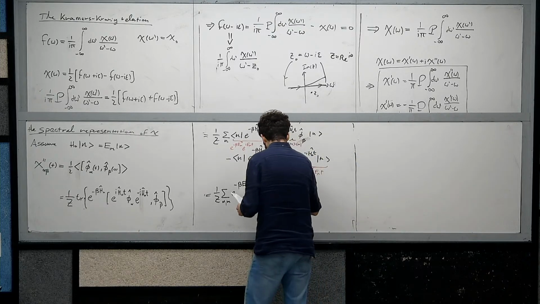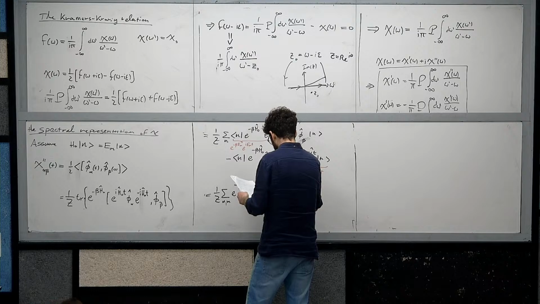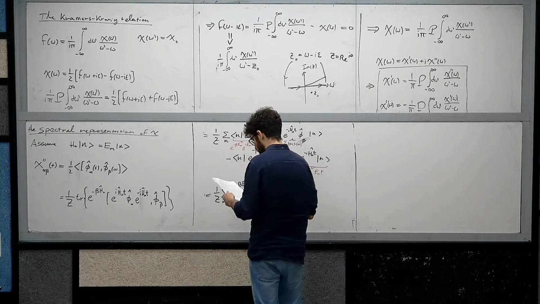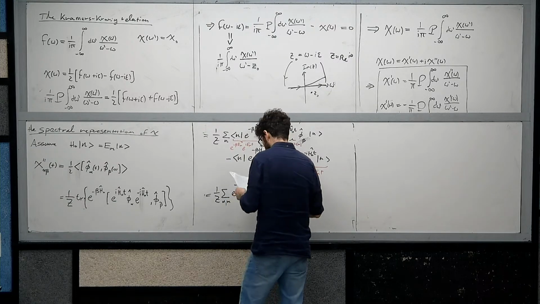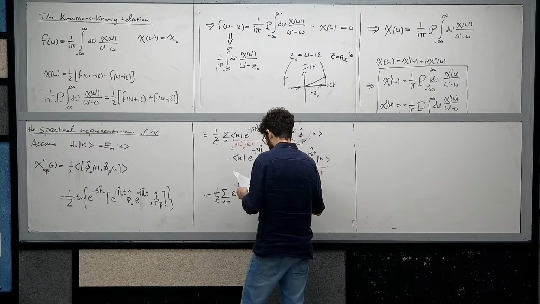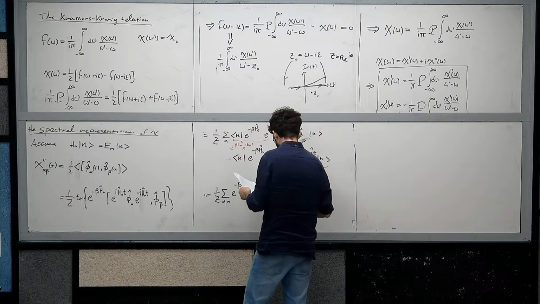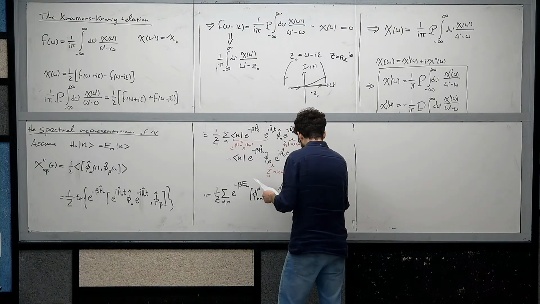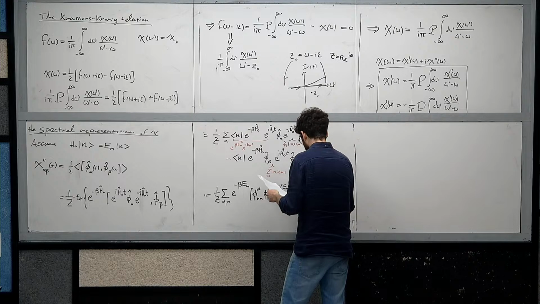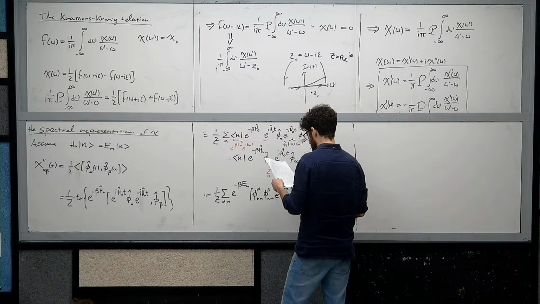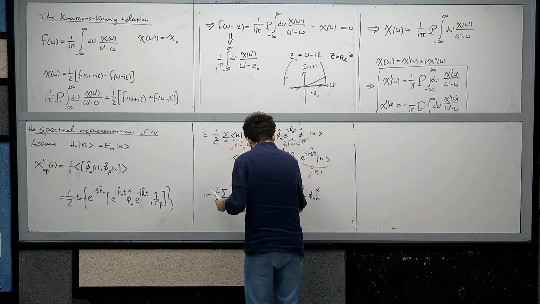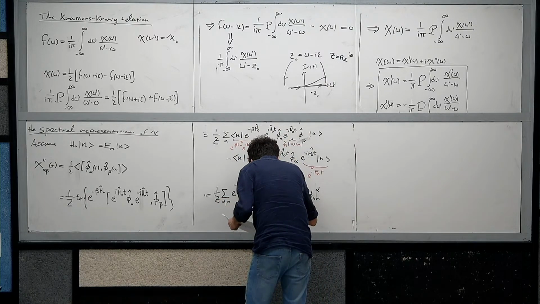And then we have e to the i (E_n minus E_m) t, minus phi beta nm... This is m n.